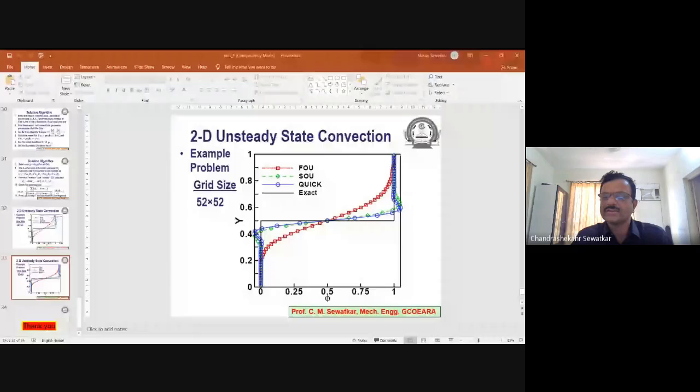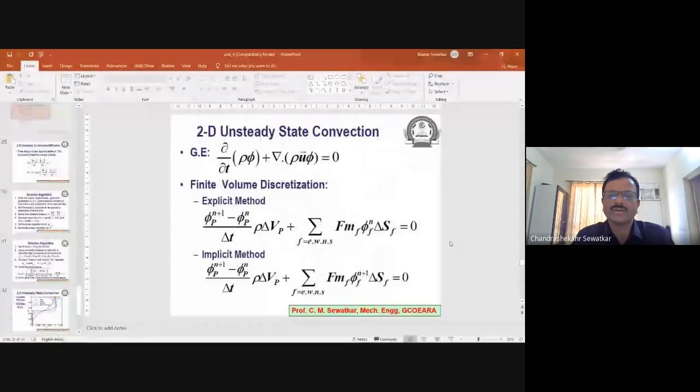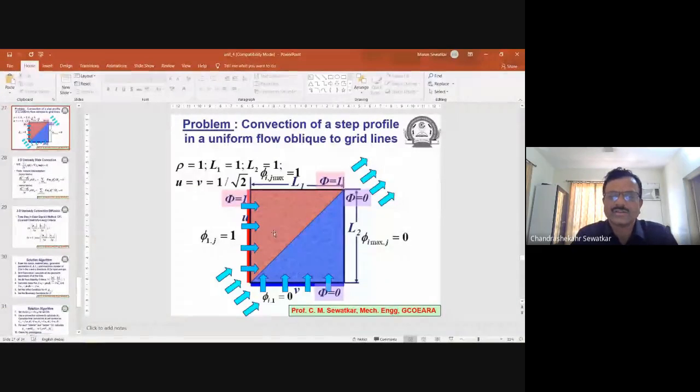Why does phi change at the center portion? It changes because it is being convected. You just have a look at the physical problem and look at the boundary conditions.